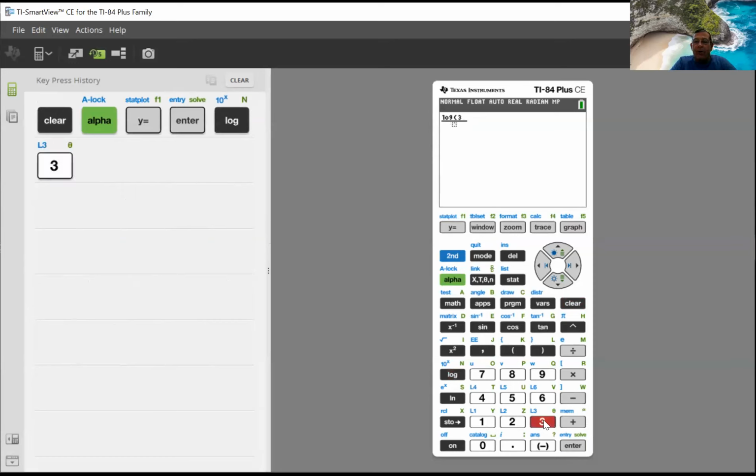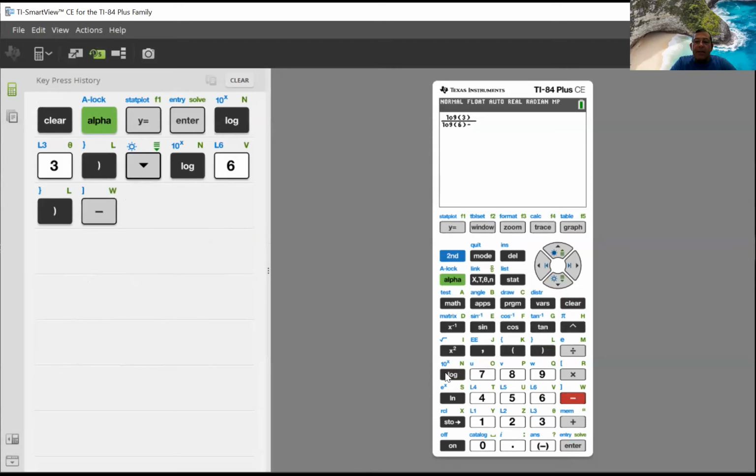So put in my log 3, close my parentheses. Now go to the bottom. That was a log 6. So log 6, close those parentheses, minus log 3, close those parentheses. So y'all, it now looks like what we needed.